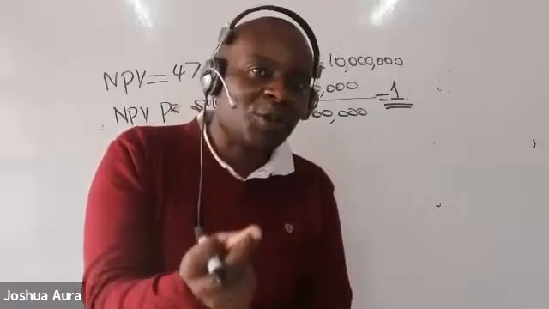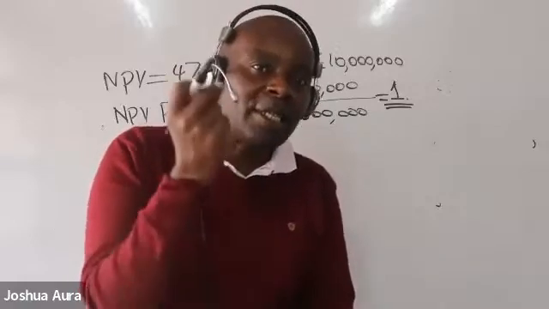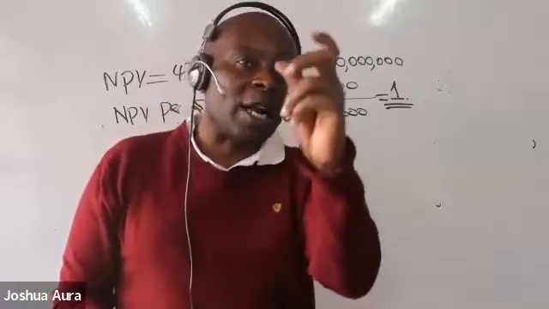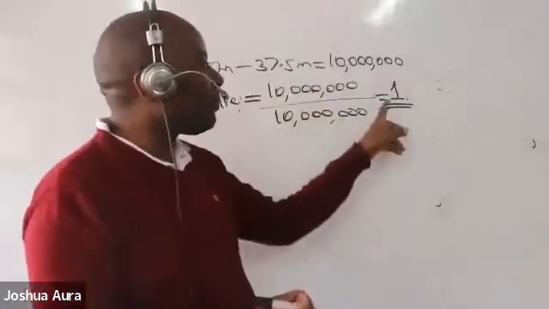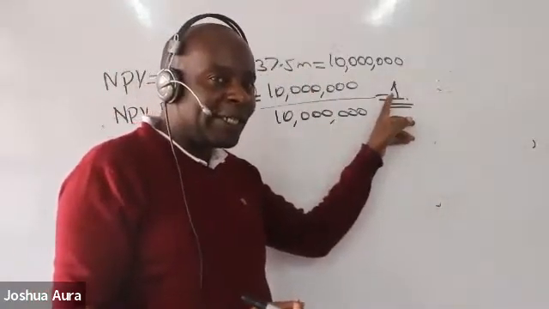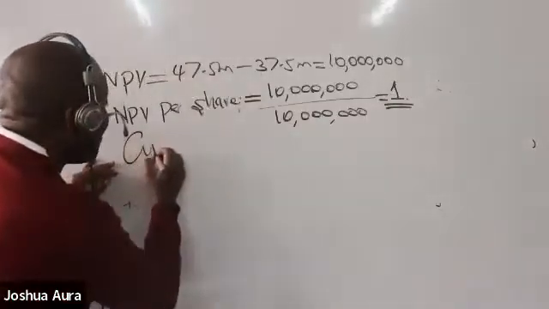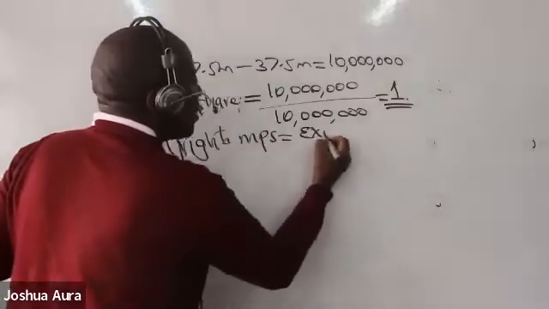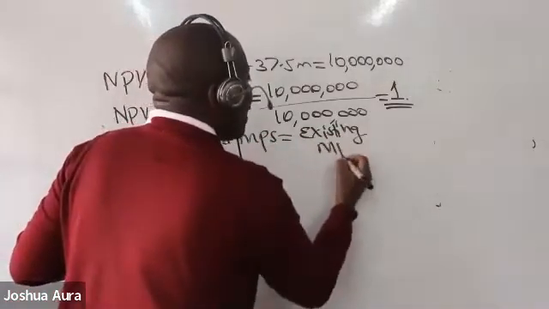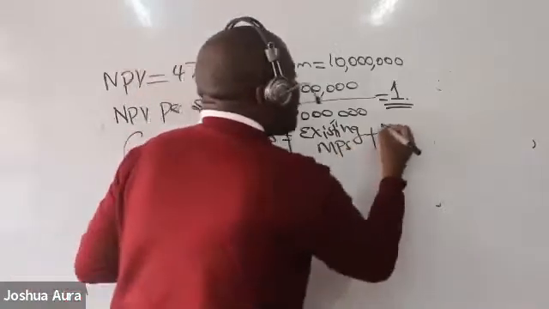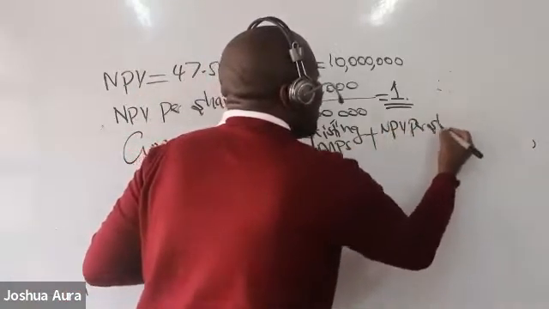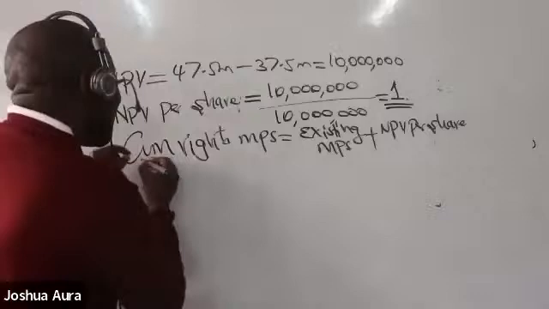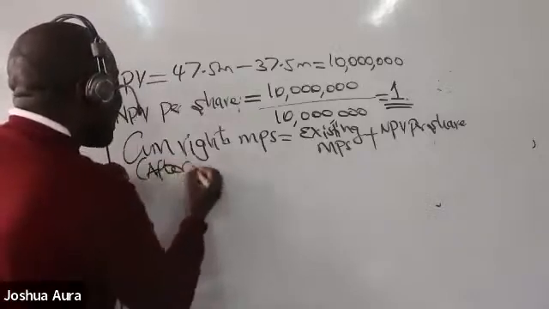When we do this rights issue, the amount will be invested in a project which is going to yield an extra value of shillings how much per share? 1 per share, isn't it? And therefore, the CAM rights market price will be the existing market price plus NPV per share, because this is the CAM rights price after rights.